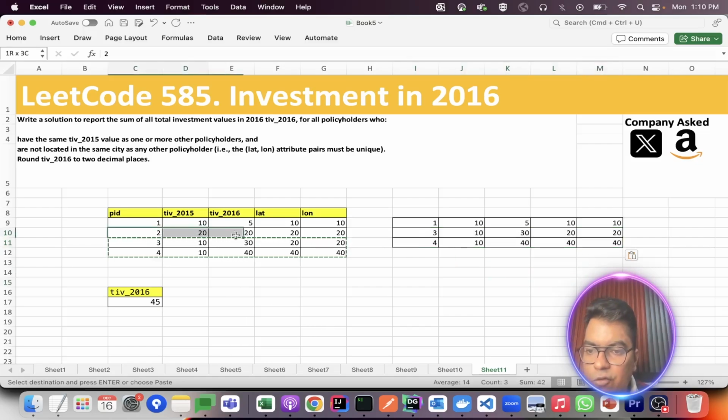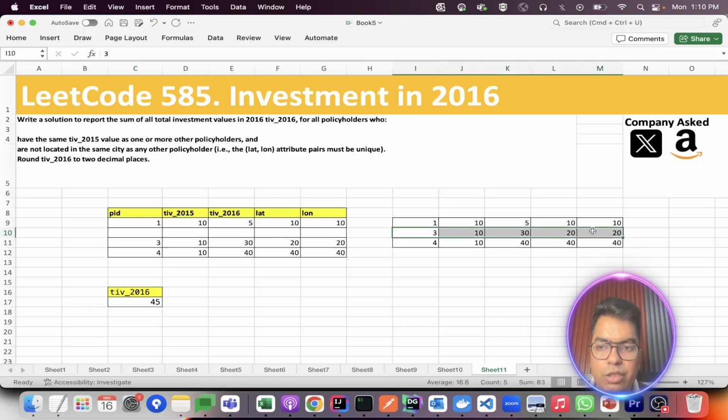Let us see for this row now whether it will participate in the potential solution or not. This is 20, and we can see there is no other row with the value 20 in TIV 2015. So this row will not participate. This row is eliminated. Let us check the third row, which is already in the potential solution. We now have to check the second condition too, because the first condition is matching.